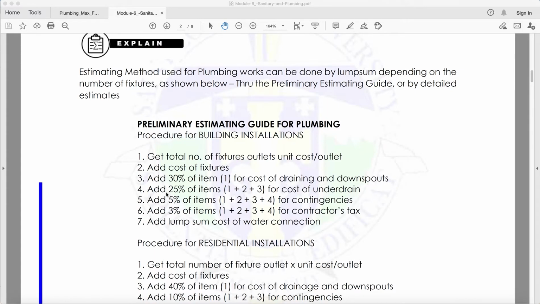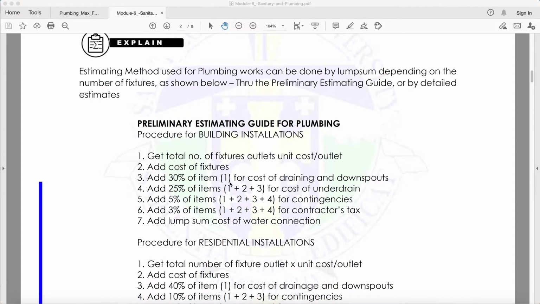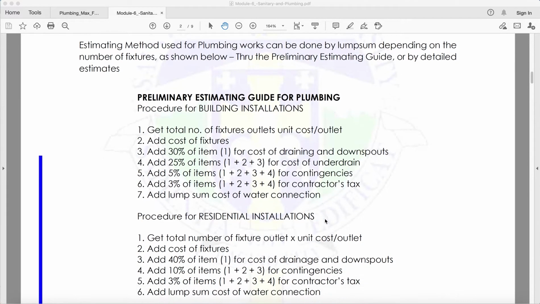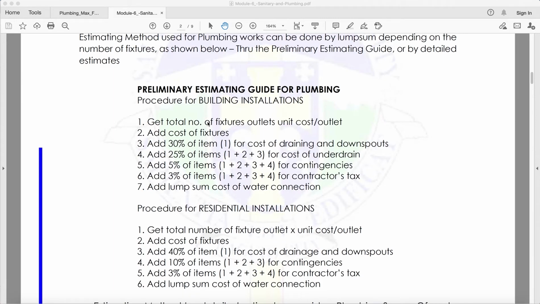Then an additional 25% of items 1, 2, and 3 for the cost of under drain. Then an additional 5% of items 1, 2, 3, 4 for contingencies, and an additional 3% of items 1, 2, 3, 4 for contractor's tax. The last step is to add the lump sum cost of water connection. That is for a building installation.